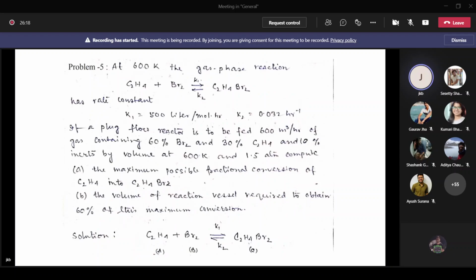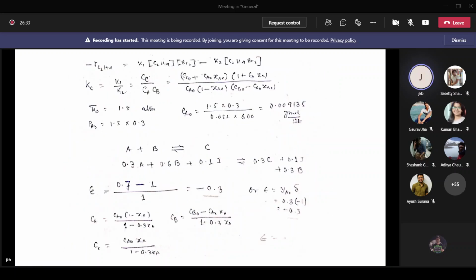The conversion asked is 60%, so you integrate up to 60%. But before that, we have checked the maximum possible conversion, and it is coming close to 1. So you can go even to 90%. But if you do not check, suppose the equilibrium conversion XA is 0.55.